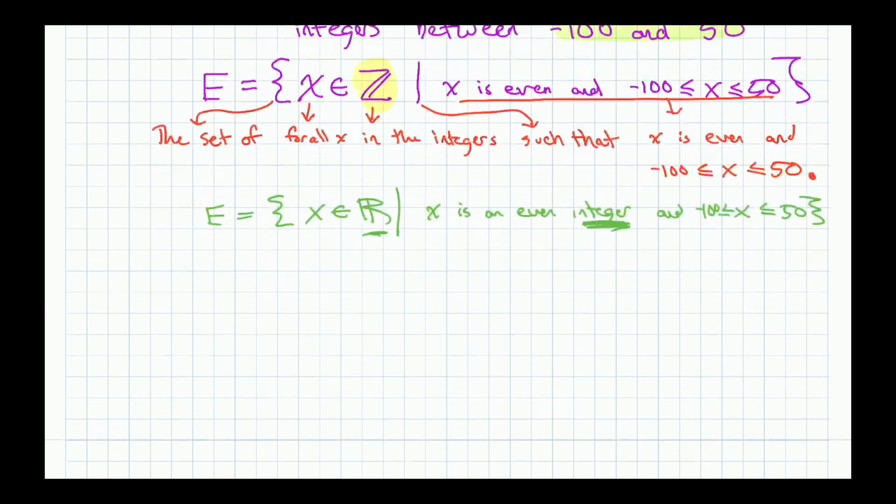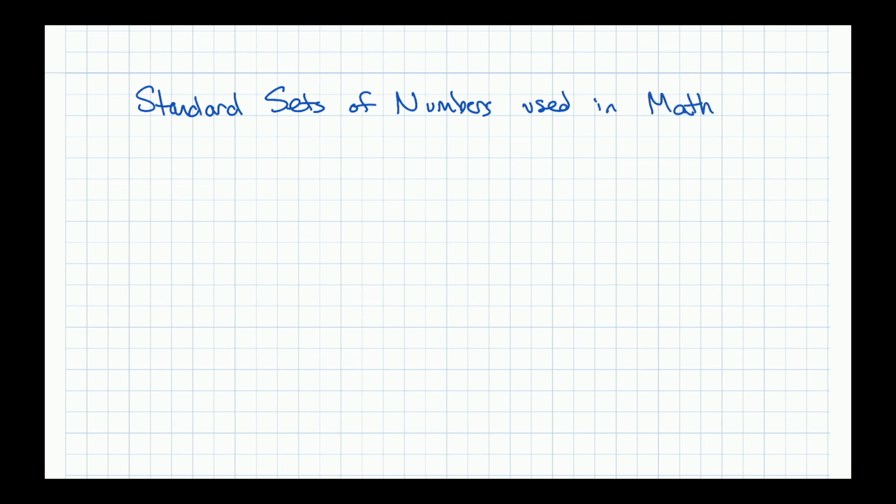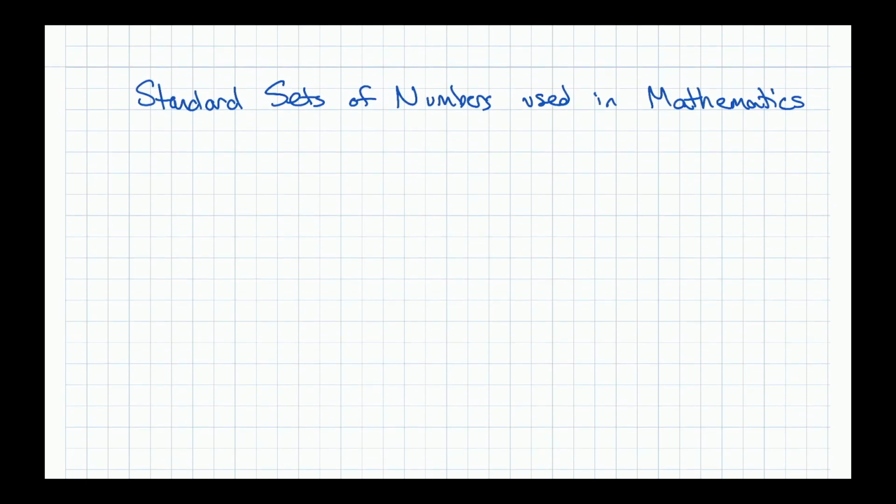So these are standard sets of numbers used in math everywhere. So if you take a number theory class, or if you take a real analysis class or anything like that, you'll use these same symbols. So it doesn't hurt to get used to them.